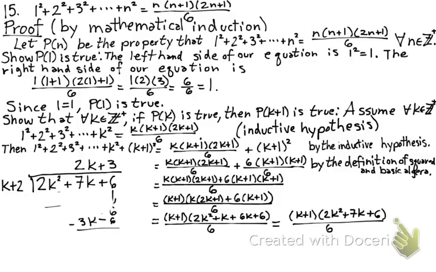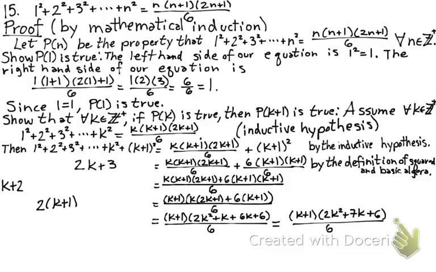We just need to change it a little bit because the other value we were looking for was 2 times k plus 1 plus 1. If we multiply the k through here, that's 2k plus 2 plus 1, which equals 2k plus 3. So this is exactly what we want.